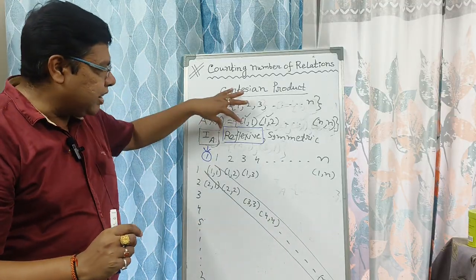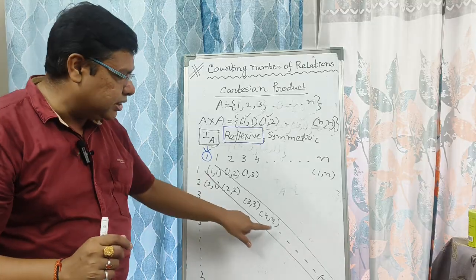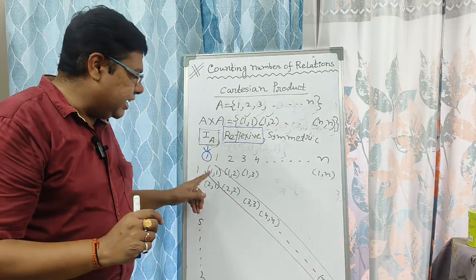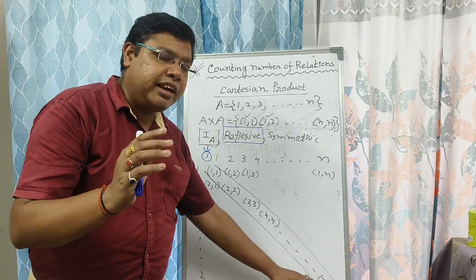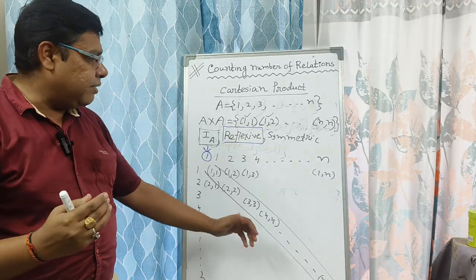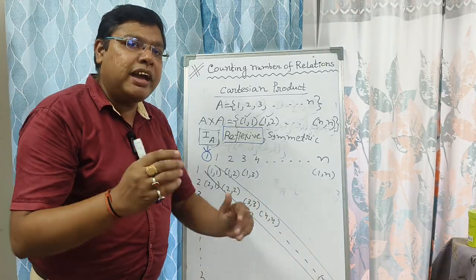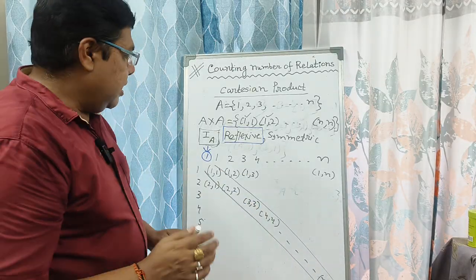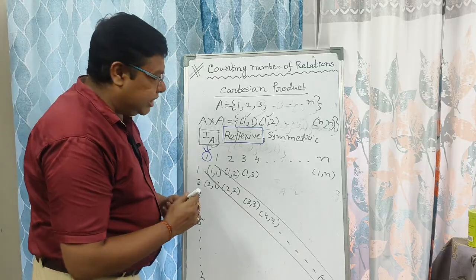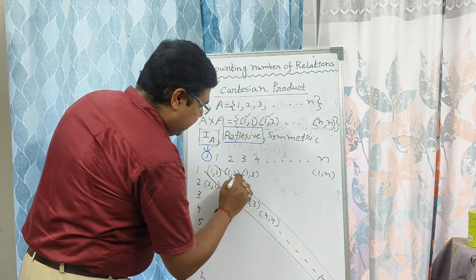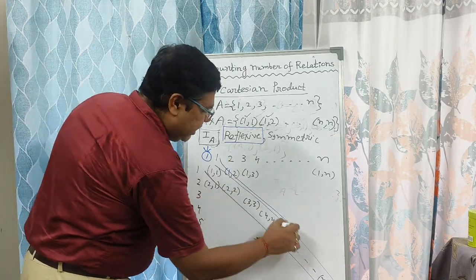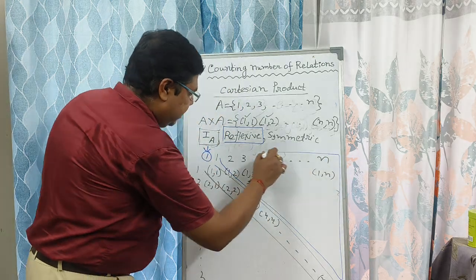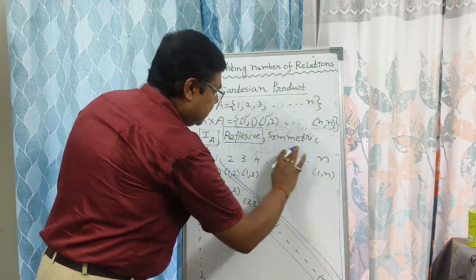Because for making a reflexive relation, these identity elements must be taken. After that, you can take some extra. Now, from where will you get some extra? Some extras are on this side, just a second.